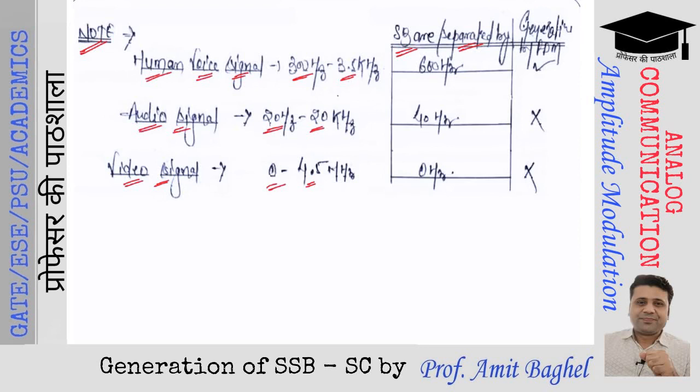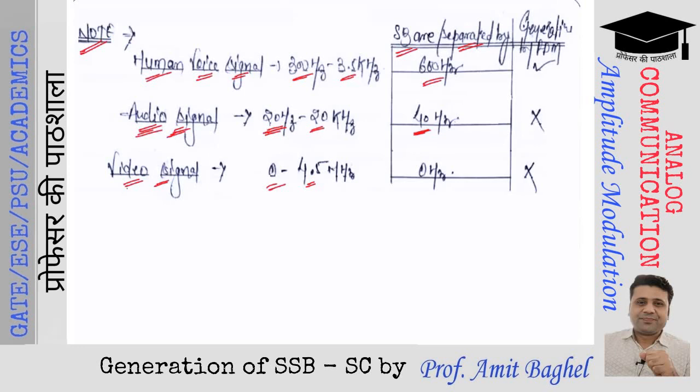So for the human voice signal, the distance between the upper sideband and lower sideband is 600 hertz. Whereas in the case of the audio signal, the sidebands are separated by 20 hertz on the positive side and 20 hertz on the negative side, so the separation equals 40 hertz.